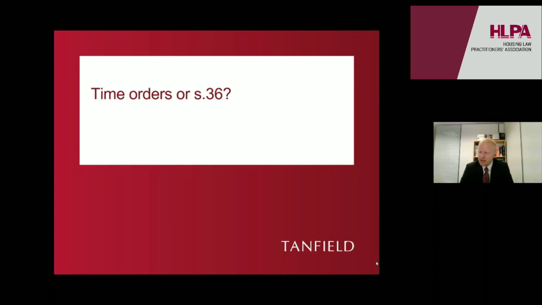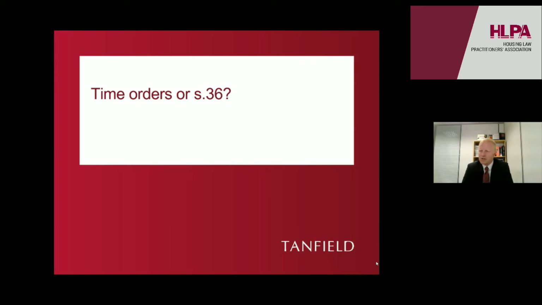Right, so we're now going to move on to look at some of the defences in more detail. And the first that we're going to look at are time orders. I've expressed this as section 129 time orders, or section 36, because this is one of the key changes that have been made by giving the courts power under Part 9 in respect of most mortgages of dwellings and residential property, because the powers under the Consumer Credit Act are more extensive than those that the court has under Section 36.